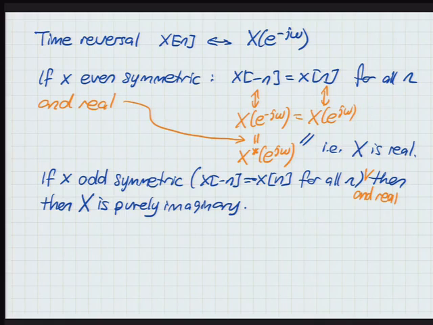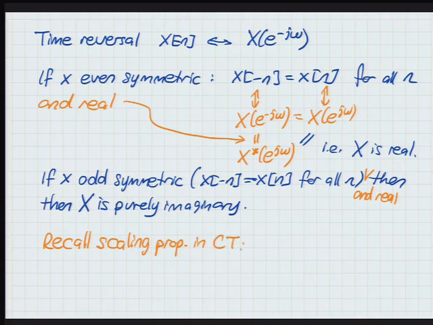Right? Okay, so now I'd like to derive something that's analogous to the scaling property in continuous time. So recall the scaling property in continuous time.